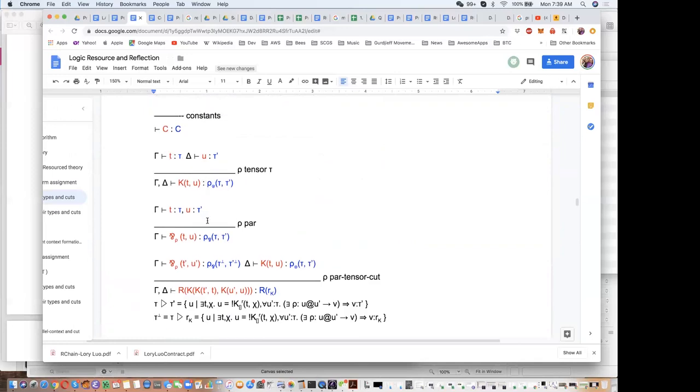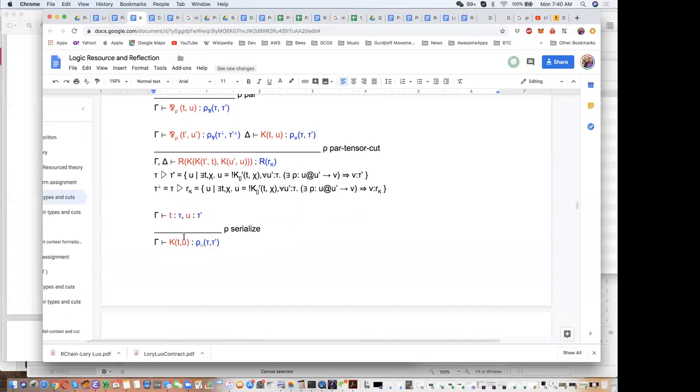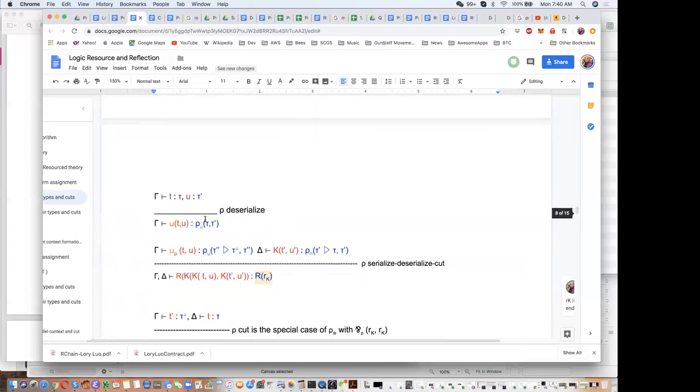Whereas in the case of parallel construction, I have T typed tau independent of U being type tau prime, right? You have different typing contexts. Whereas in the serialized case, we have a single typing context that governs the whole thing. Oh, I see. Yeah. Okay, thanks. Sure.